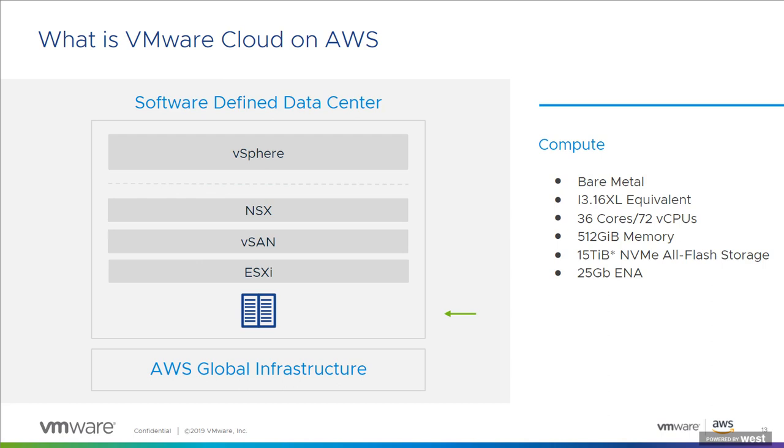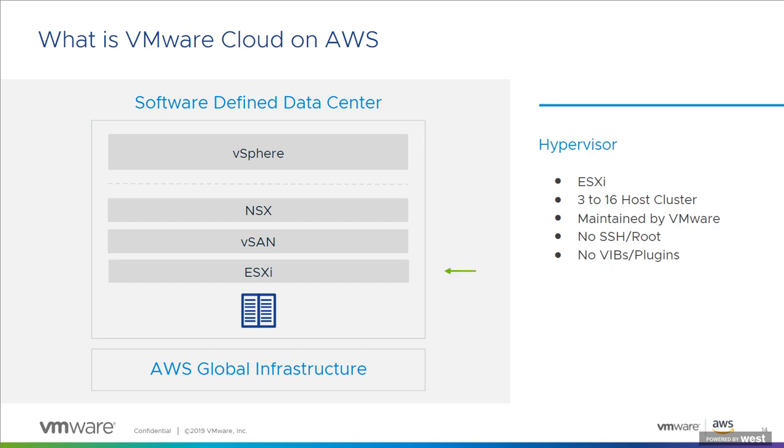So compute is provided to you with bare metal instances, and it's the i3.metal instance. This comprises 36 cores, half a terabyte of RAM, and around 15 terabytes of NVMe flash storage. We also have a 25 gig ENA or ENI that connects you into native AWS.